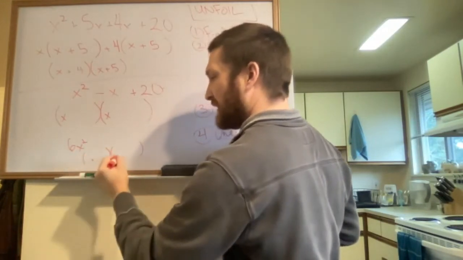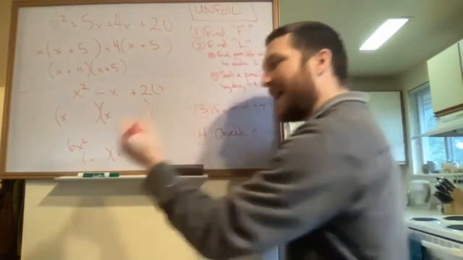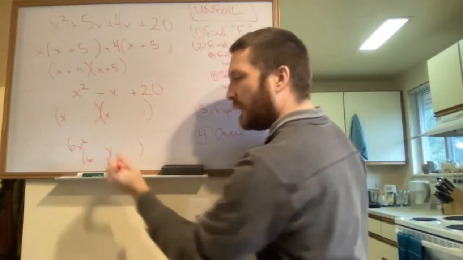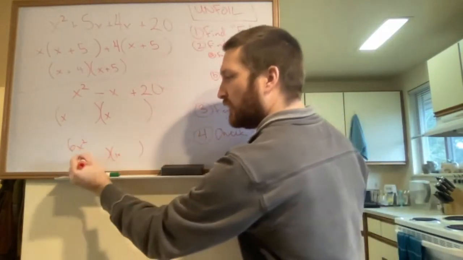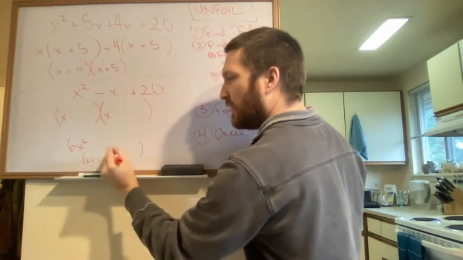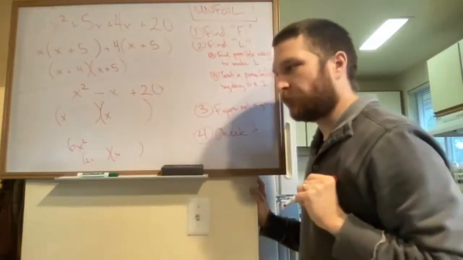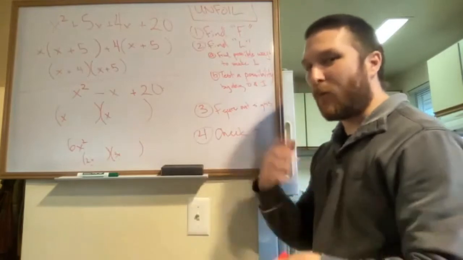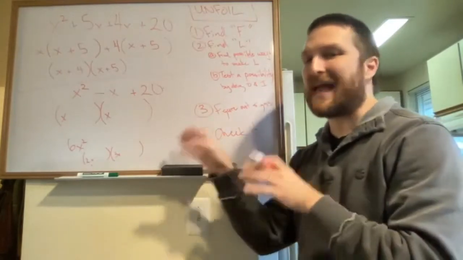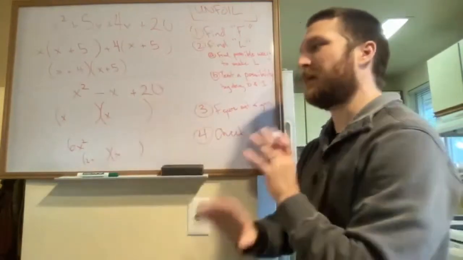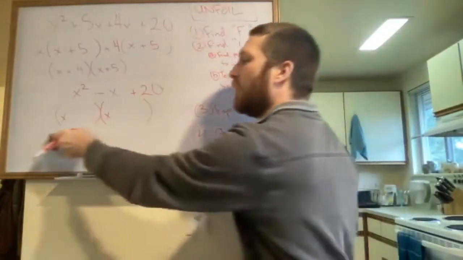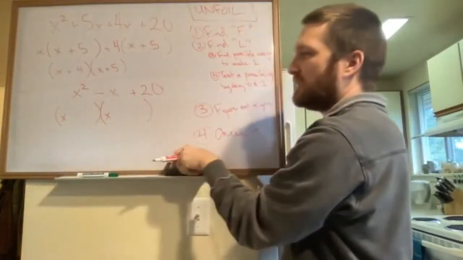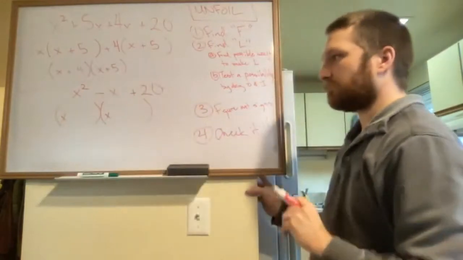You'd have to have an x, but now it could be 6 and 1, or it could be 2 and 3. So again, there'd be more possibilities. You're not going to see these yet. We'll talk about that next time. Right now, we're just dealing with this type of thing.